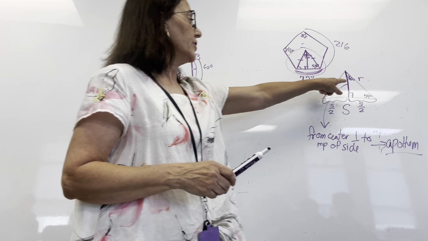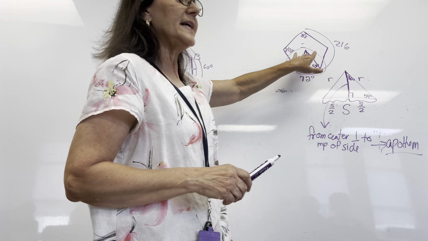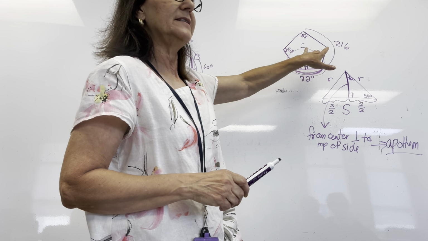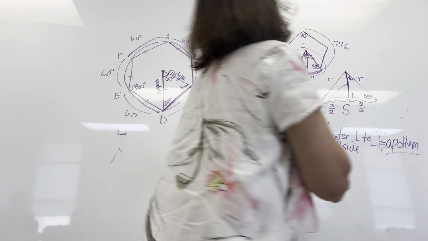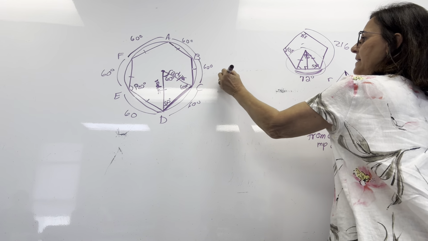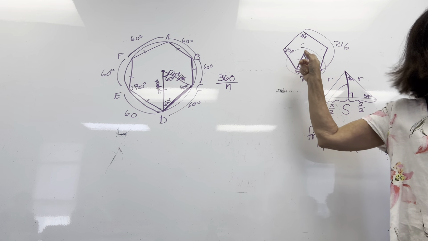And to get the 36, we began by taking 360 divided by the number of sides, which was 5. That's how we got the 72.